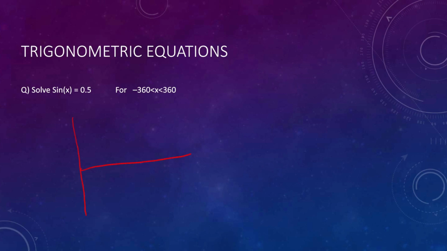Since we need to draw from minus 360, this graph will also go back something like this. So this is from 0 to 360, and now this graph will also go back like this.